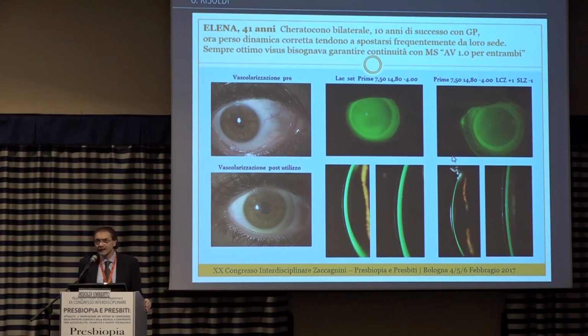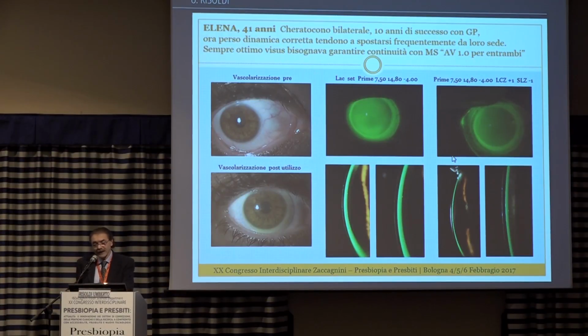A prime contact lens, a spherical one, was fitted 750 and a diameter of 14.80 because the cornea is below 11 millimeters diameter, and a power of 4 with very good coverage. In the images showing the segment, you see that the meniscus is a little bit prismatic.